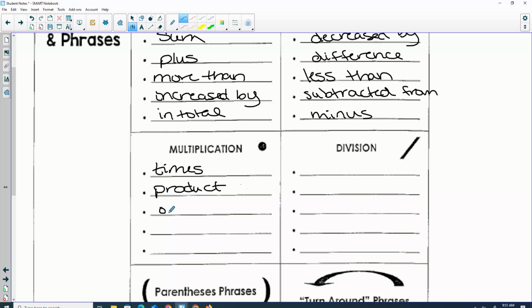Sometimes we might see of, like I use half of my pencils, so you multiply by a half. If I said double, what does that mean? What would I multiply by? Again, we might see twice as many, so that just means times 2.